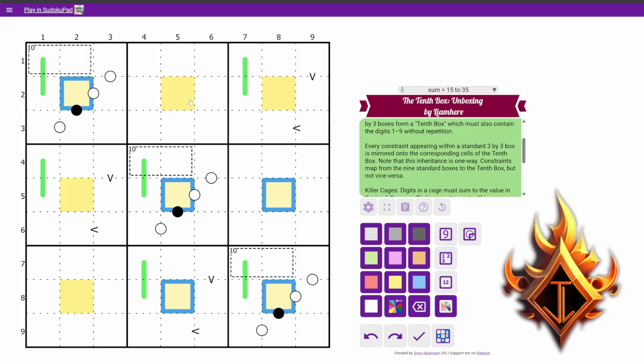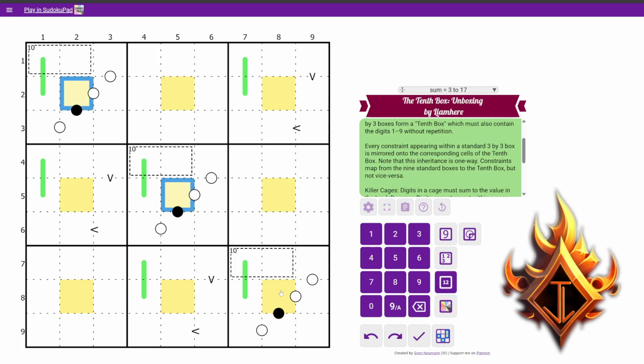Weird. Right. It couldn't go there because that would end up being 7.